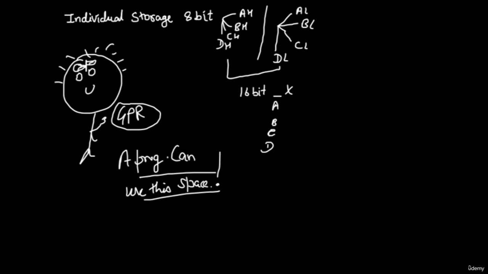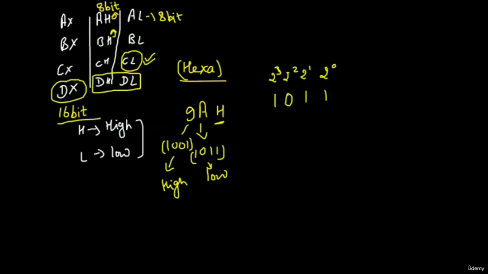Okay, so what do AH, BH, or just simply AX, BX, CX, and DX actually mean? What is the meaning of A, B, C, D? Is that random? Nothing is random in our subject. So AX is, let's write a little bit and then we're going to understand everything. In the AX, A is actually accumulator. I hope if you have followed the earlier videos, you have surely gone through this word multiple times.